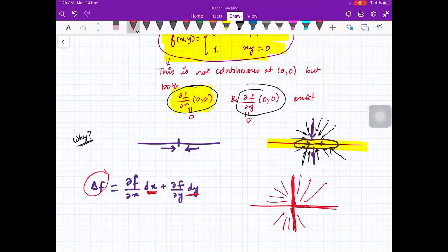So continuity means we are not considering, obviously, because the independent variables are only x and y. So change in the x variable will be somewhere here, and change in the y variable will be somewhere here. This is your del x, this is your del y, and your f is here, right? So that will be the change when there is this del x change in the x-axis and del y change in the y-axis, right?